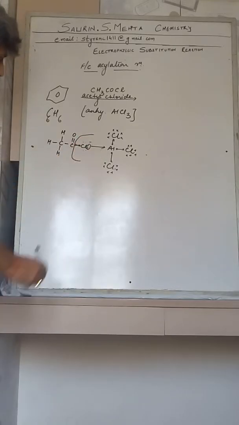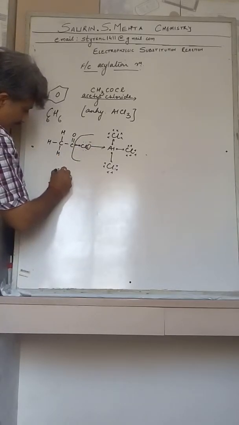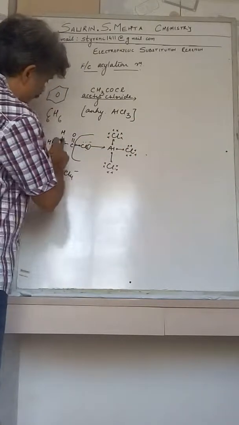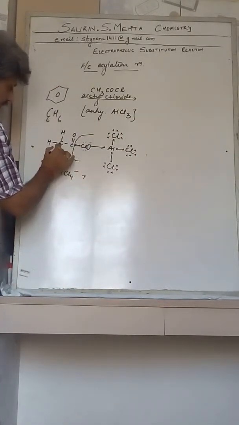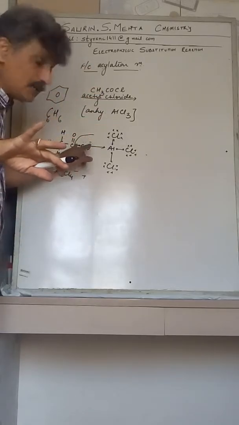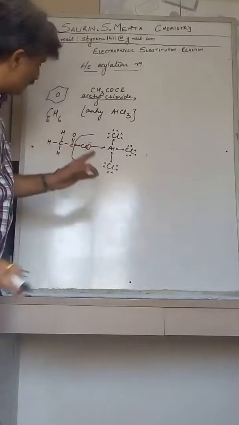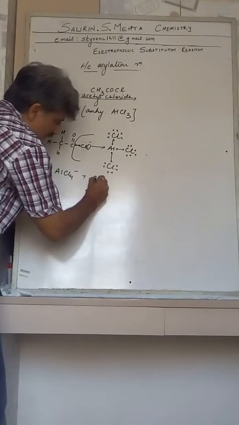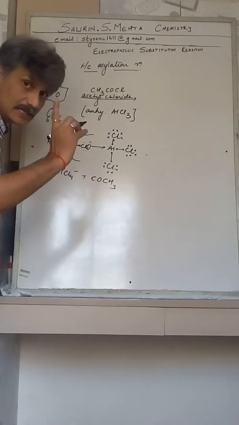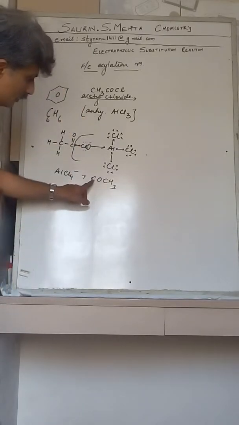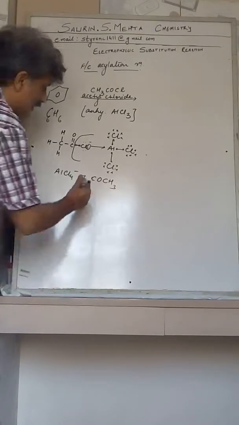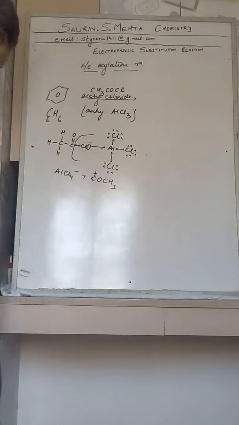So now you can see what you are formed with is AlCl4 minus because one chlorine got into the compound, and here you will have CH3 bonded to C and O. The carbon chlorine bond breaks, and as a result you will have COCH3, where on this carbon from which chlorine has left will attain a plus sign.